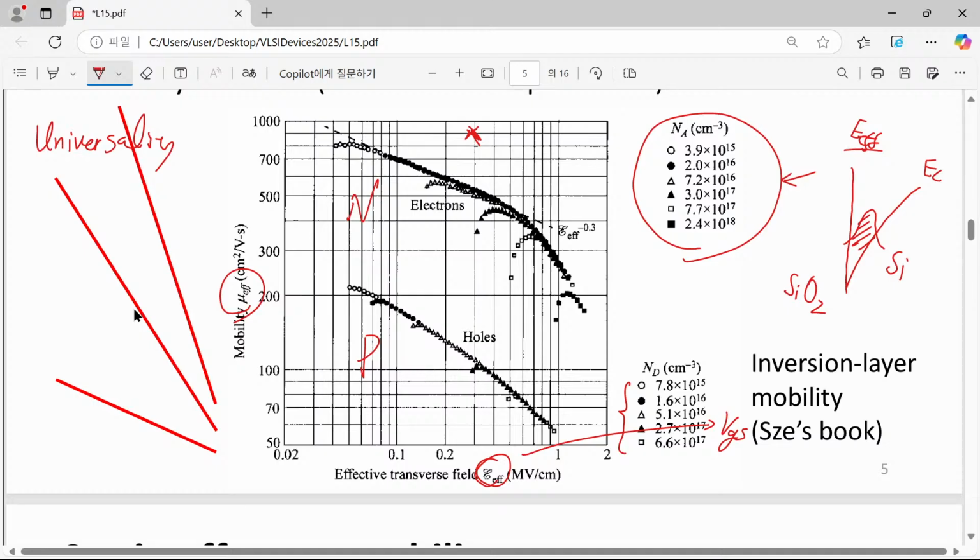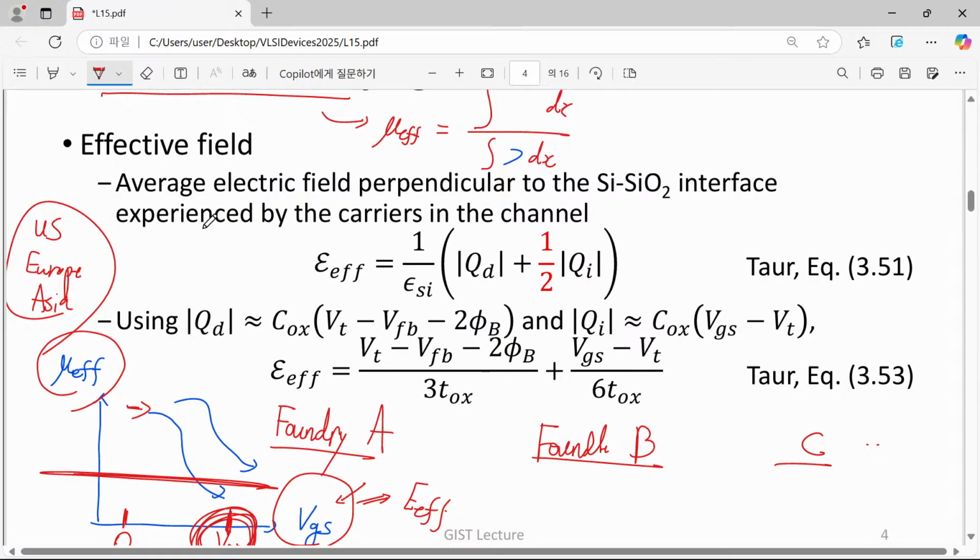Okay, so let's come back. People really loved this concept. It gives a certain feeling: oh, we are doing a certain kind of universal thing, so we are now doing our best job. At the time, if a certain guy makes a MOS transistor, measures the effective mobility and finds that the actual mobility value is far below the universal mobility, what does it mean?